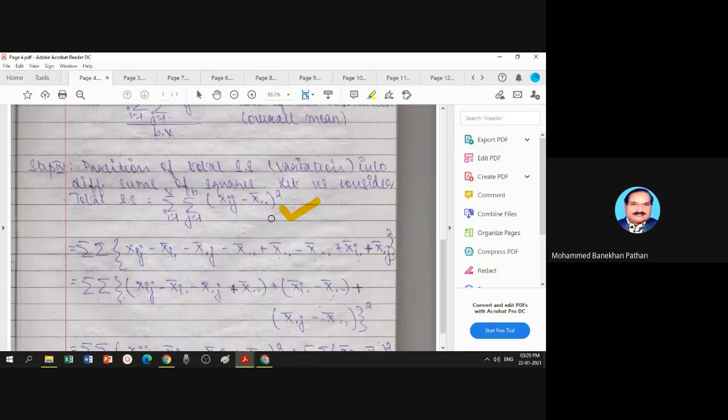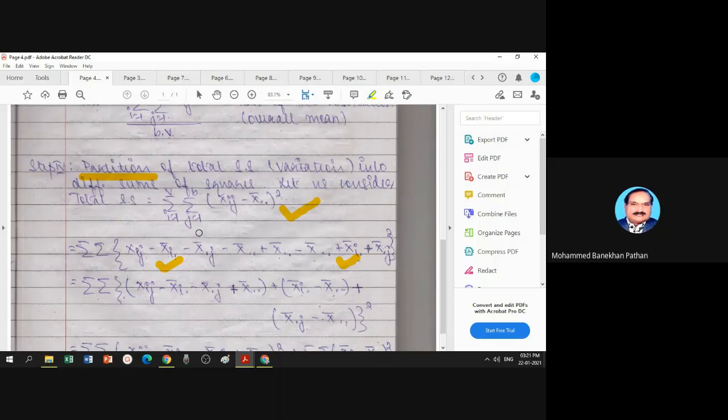I think I explained this already. Even though I will repeat today, double summation, I want to make a partition. Partition means I have to make a division. So double summation as it is, X_ij, I subtract mean of treatment and at the same time I add the mean of treatment. So this plus and this minus get cancelled.